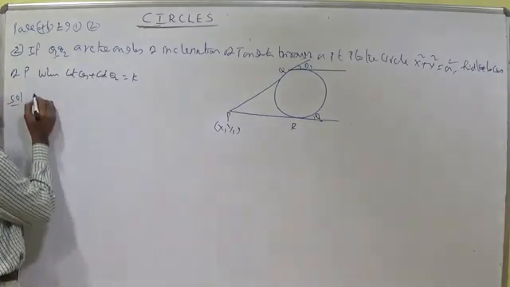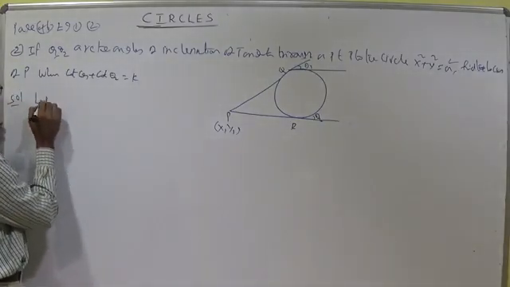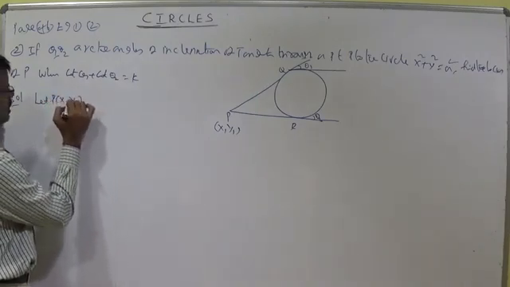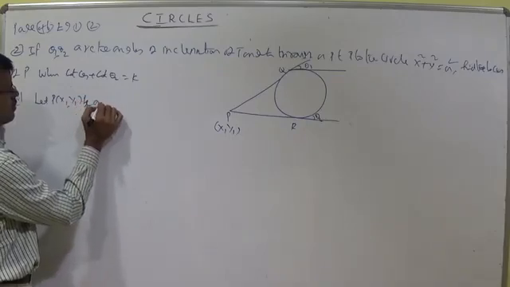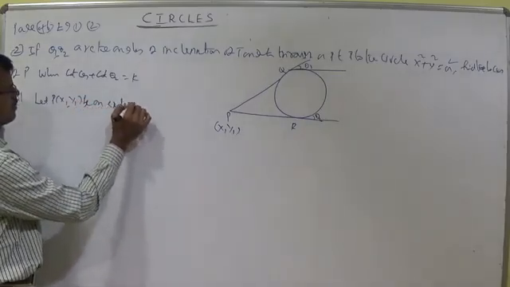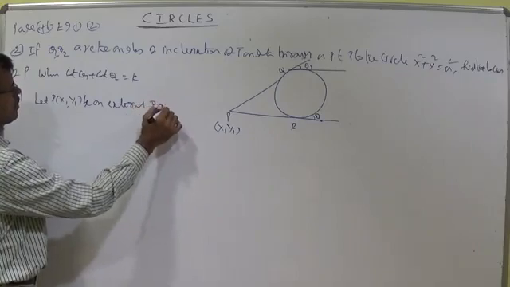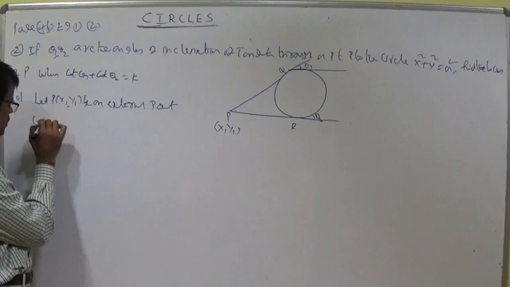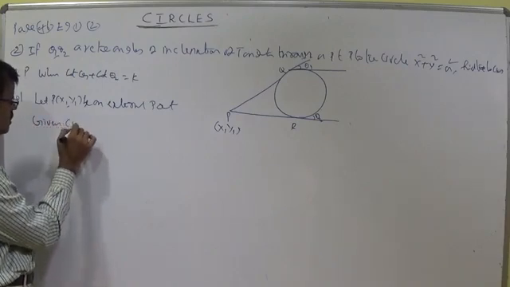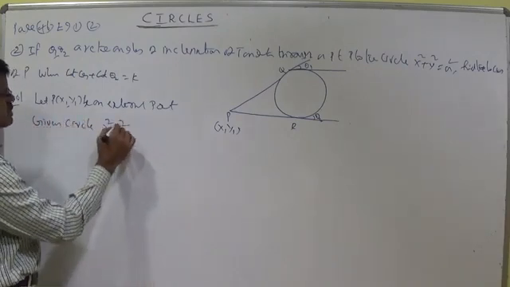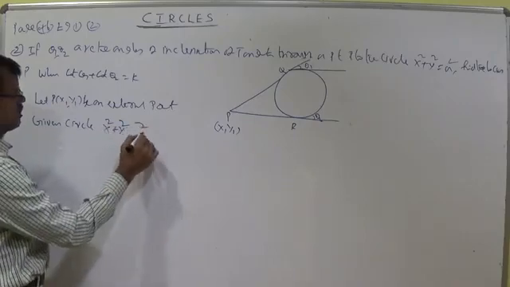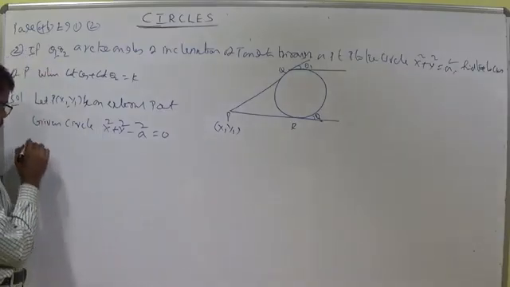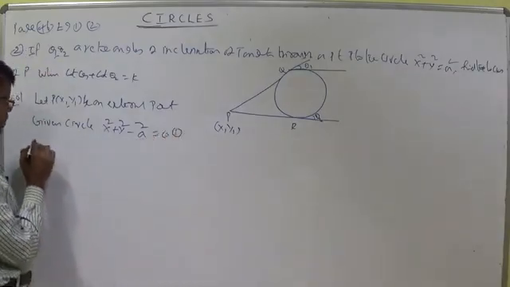So let P(x1, y1) be an external point. We know the given circle is x square plus y square minus a square equal to 0. Put equation 1 here.